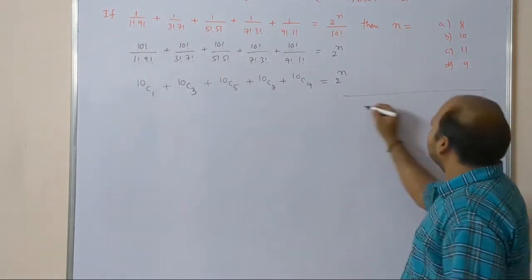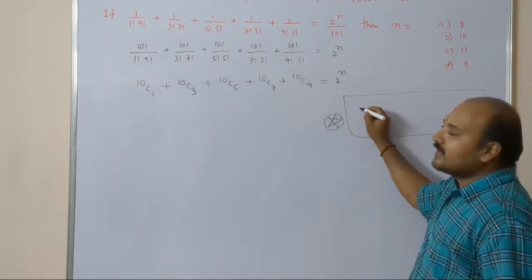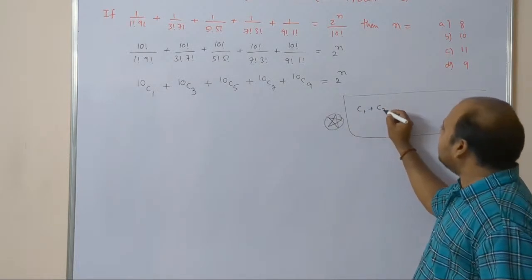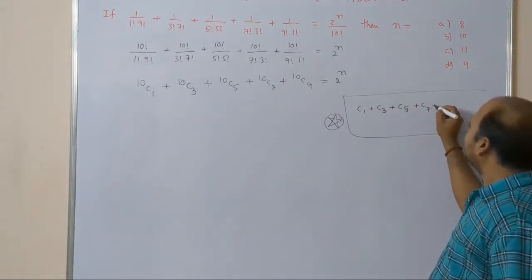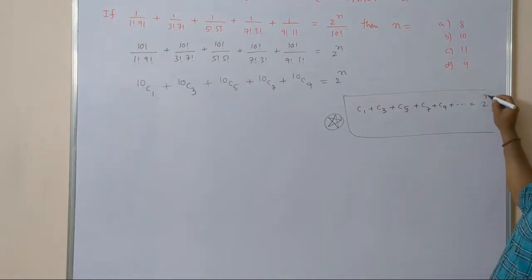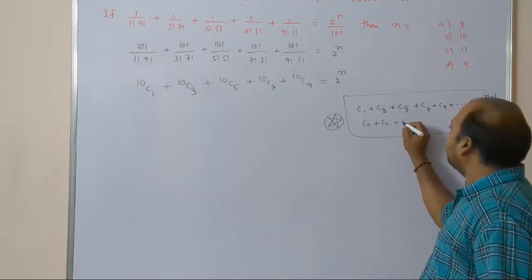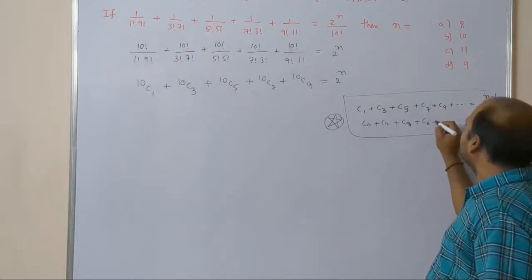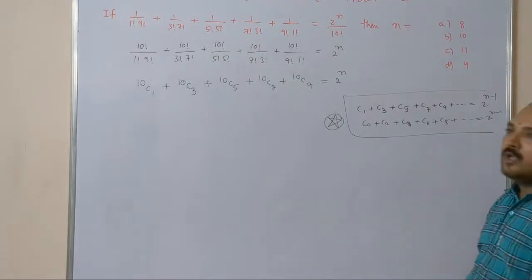We know that in the binomial expansion, a very important formula: C1 plus C3 plus C5 plus C7 plus C9 and so on is equal to 2 power n minus 1. This is the odd number case. C0 plus C2 plus C4 plus C6, C8 and so on is also equal to 2 power n minus 1.